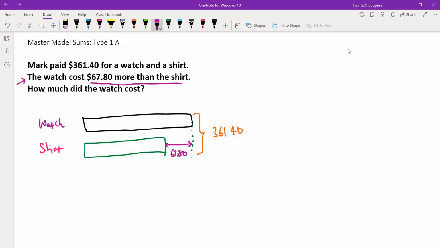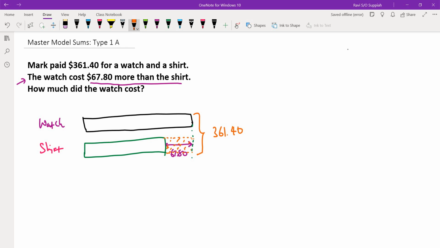Now imagine that I extend this shirt block all the way such that it costs the same as that of the watch. So what you will have is two blocks of the same size. If both the blocks are the same size, how much would the total cost be?